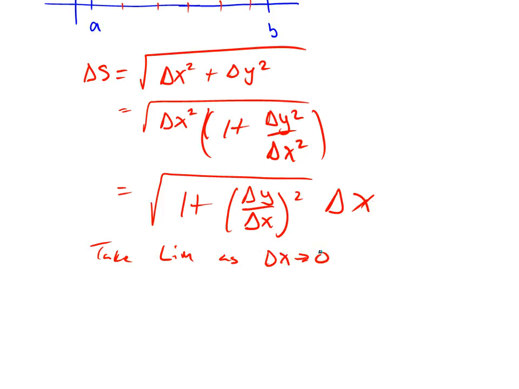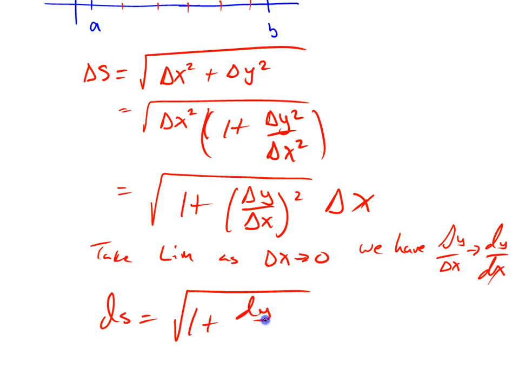This delta y divided by delta x is going to go to the derivative, dy dx. And so what I have is that a little bit of arc length looks like the square root of 1 plus dy dx squared times dx.